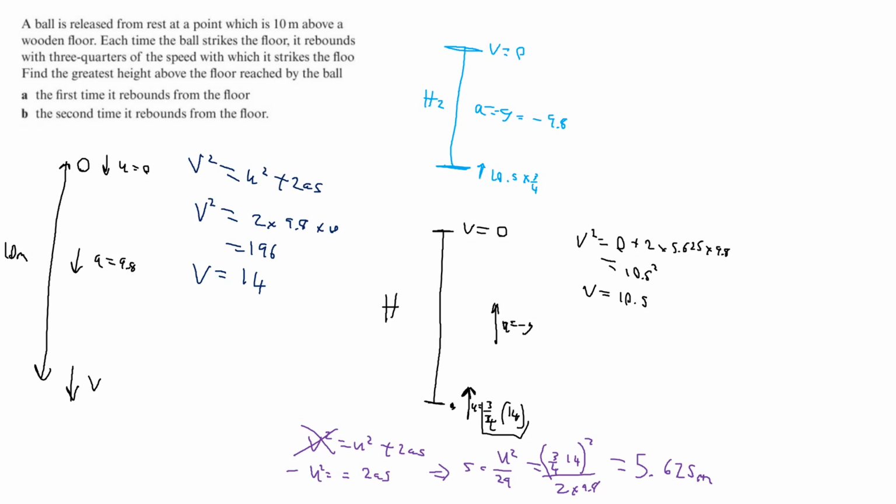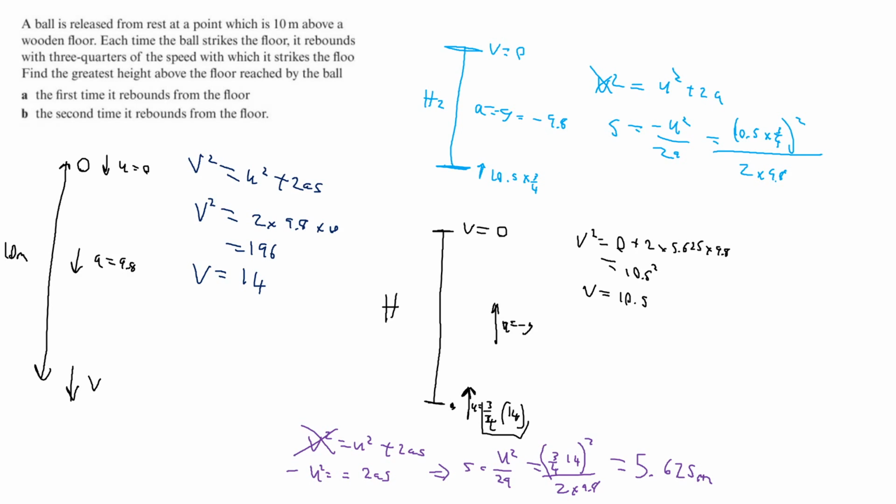Again, using the same formula, v squared equals u squared plus 2as. We know v is 0, so using that same formula, s is equal to negative u squared over 2a, which in this case is going to be 10.5 times 3/4 all squared, all divided by 2 times 9.8.